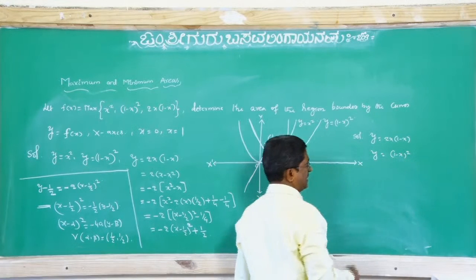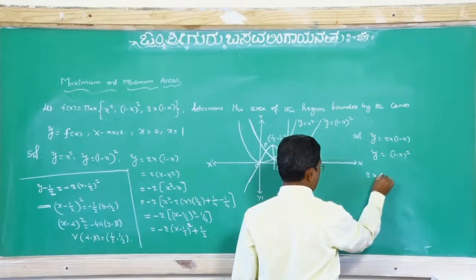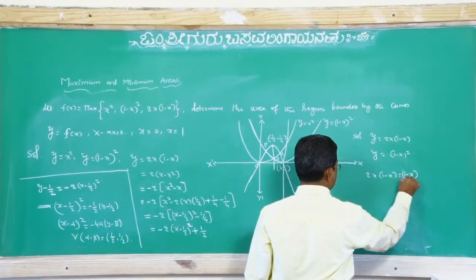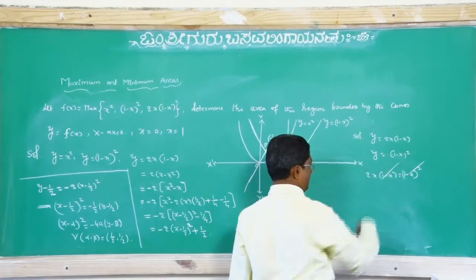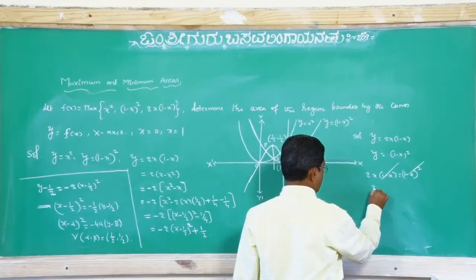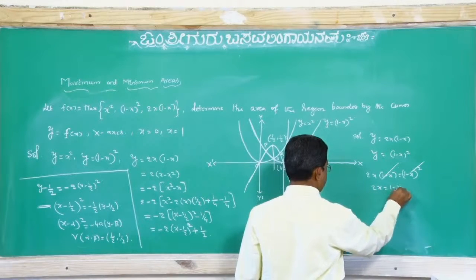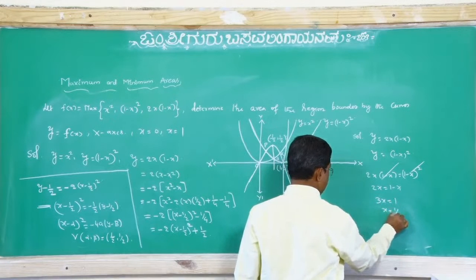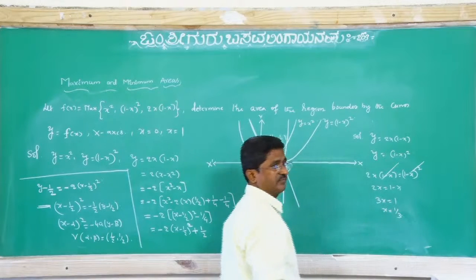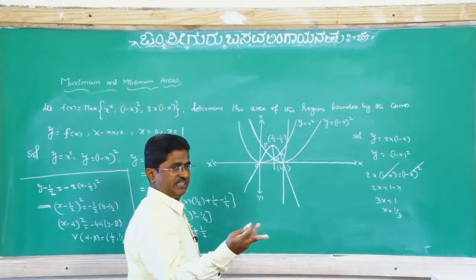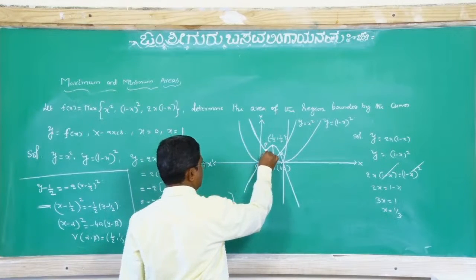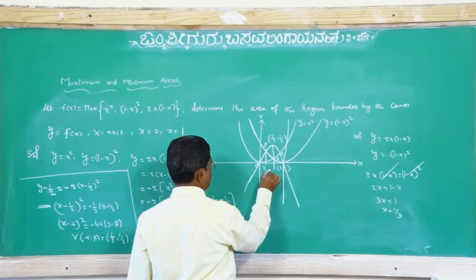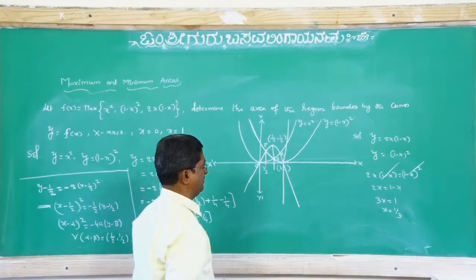Solving these two curves, 2x into (1 minus x) is equal to (1 minus x) whole square. (1 minus x) gets cancelled. 2x is equal to 1 minus x, 3x is equal to 1, x is equal to 1 by 3. The y coordinate is not necessary. This point is 1 by 3.